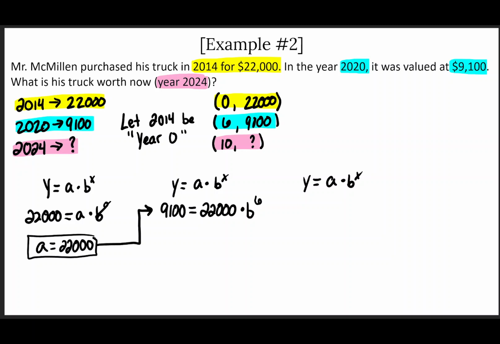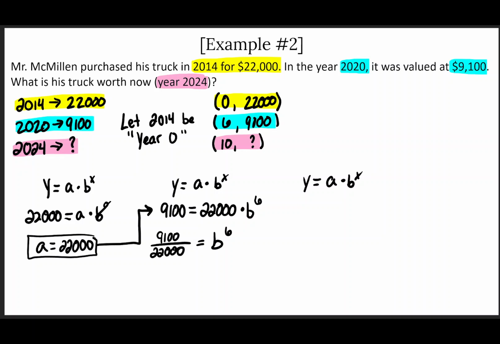So let's do it in those 2 steps. Let's get rid of the 22,000. We would need to divide it away. I'm not actually going to calculate it because I don't care what that value is. We're going to take the 6th root of it eventually, so I'm going to be lazy and write it like this. I'm supposed to divide by 22,000, so I'm going to write it like that and just leave it alone. B to the 6th power.